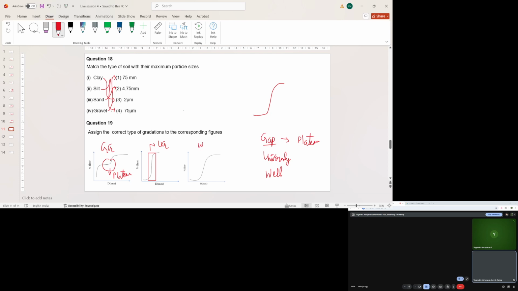This gives us the classification of well graded. For several engineering purposes, we prefer well-graded soil owing to its increased shear strength and density, and minimal voids, so that you get the maximum engineering properties.